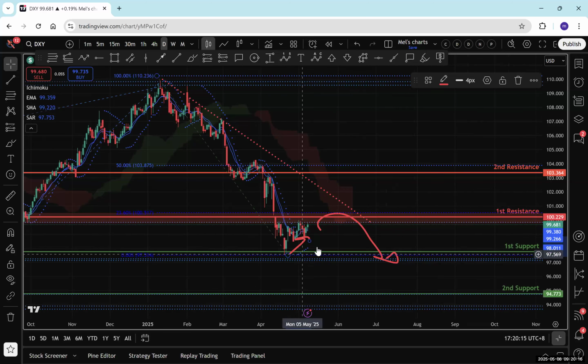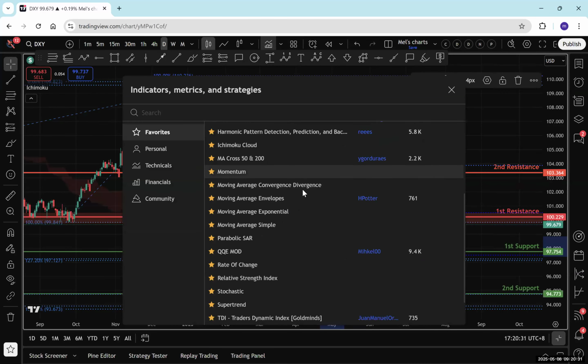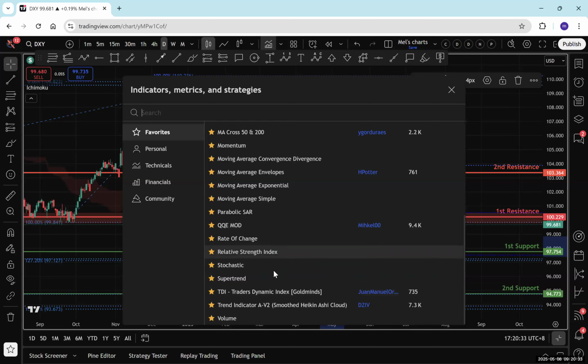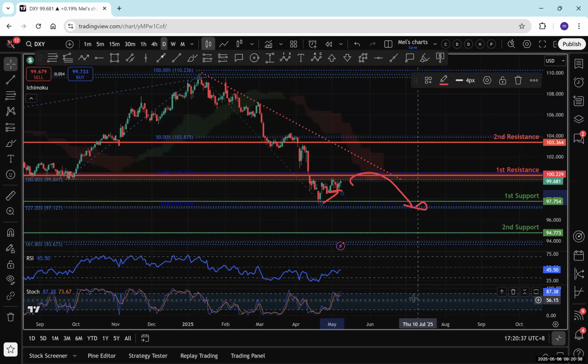So for now, it's normal for it to give us this bullish signal. Okay, but I'm not going to use that for now since it's not really giving us a very strong bearish signal. Let's now look at our RSI and stochastic.